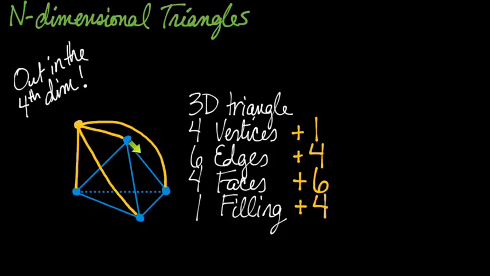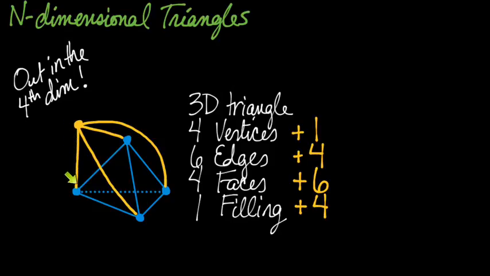Similarly, this triangle right here has 3 yellow edges connecting up to the new vertex, and so this right here is a very floopy, floppy kind of tetrahedron, but that definitely counts. We want to count that as one of the new 3D pieces that we are filling in. One more example.